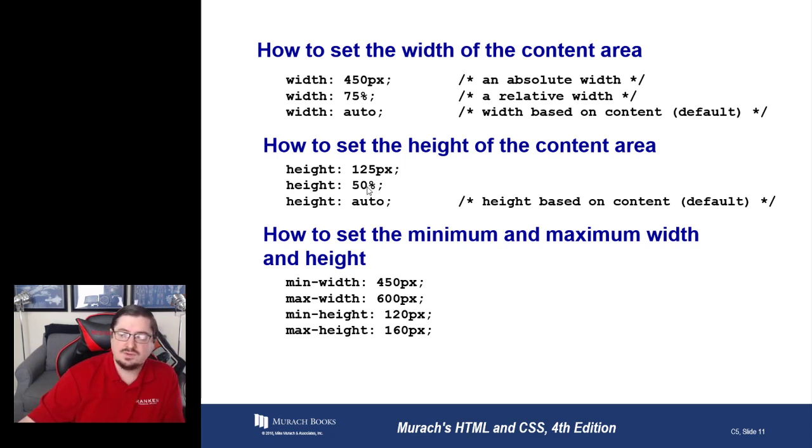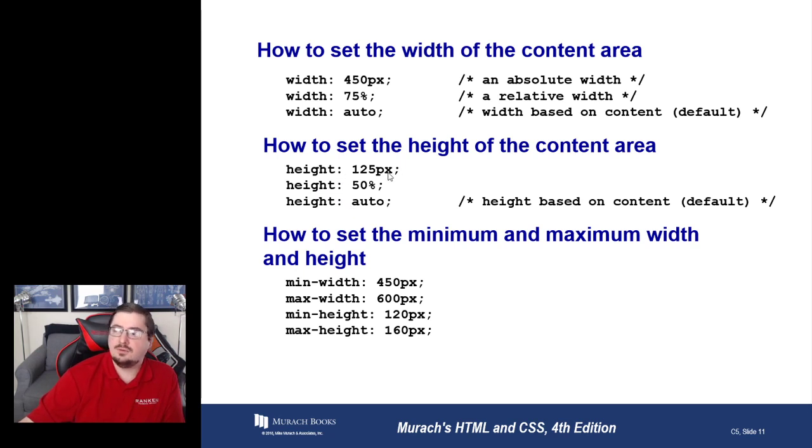Most of the other units work just fine, but specifically percentages have some weird behavior that you might not expect. So I would generally avoid setting a height in terms of percent, because it's a percentage of the height of the container, but the height of the container is often determined by the content. So you get kind of in a feedback loop of, well, what determines the height if you're using percentages.